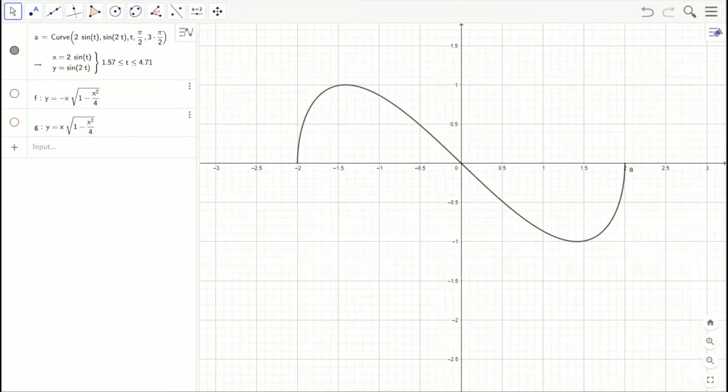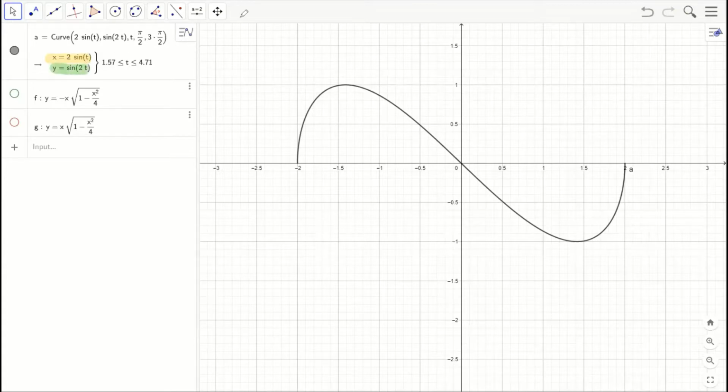Okay, now just before we move over to example 5, I just want to show you using GeoGebra the result that we've just looked at. So the black curve here that you can see is the curve x equals 2 sine t, which is defined parametrically here, and y is equal to sine 2t.